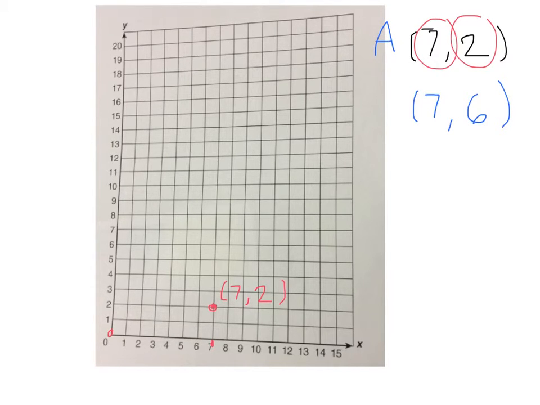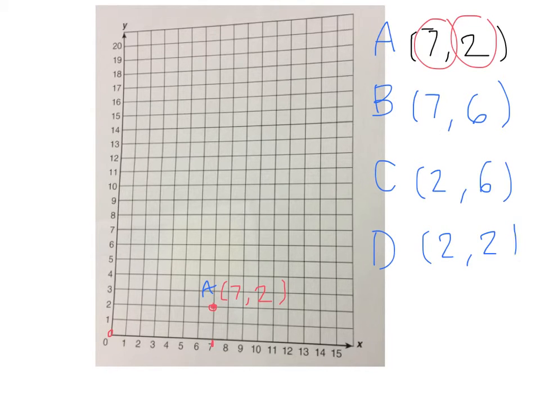You can also label these A, B, so you can write an A here, because that one's A. B will be 7, 6, C will be 2, 6, and D will be 2, 2. When you're finished, connect those dots.